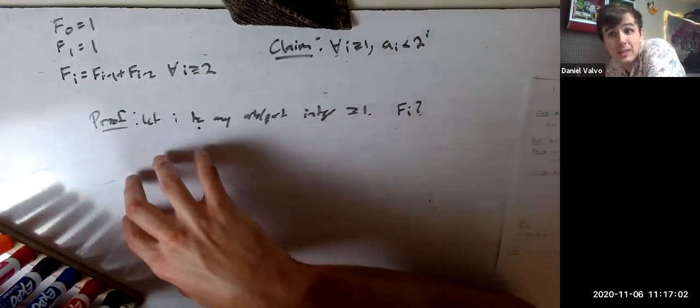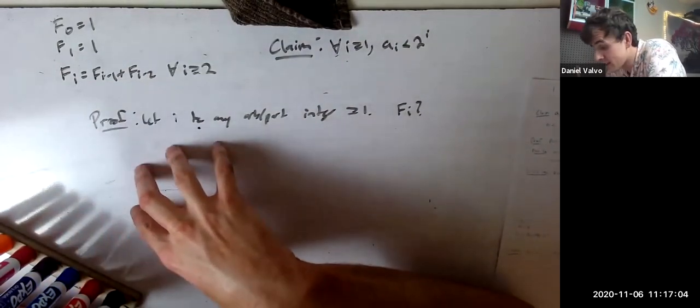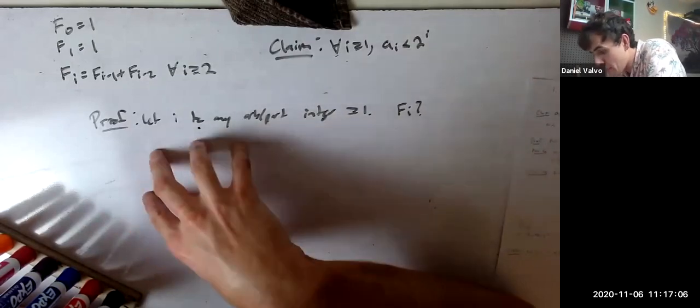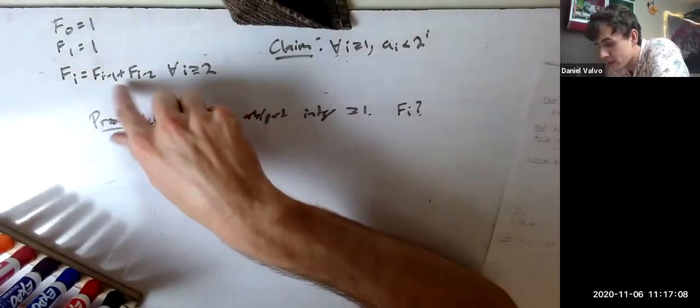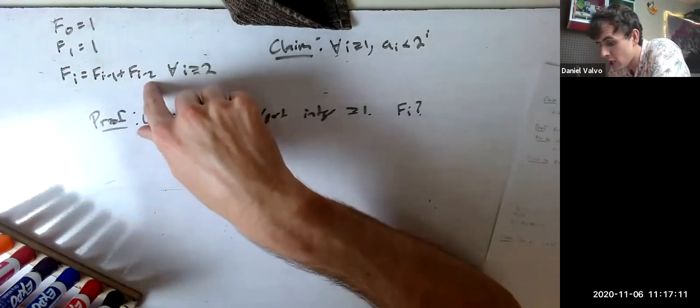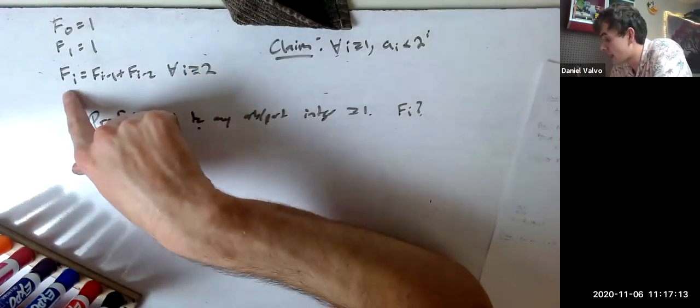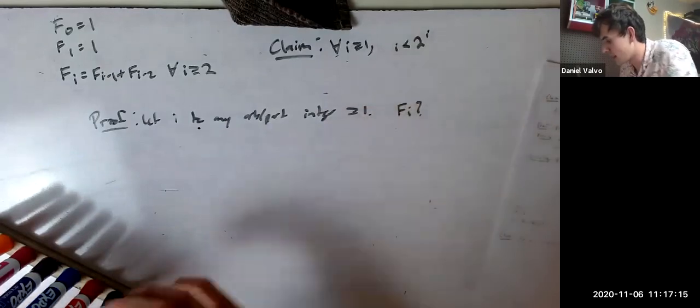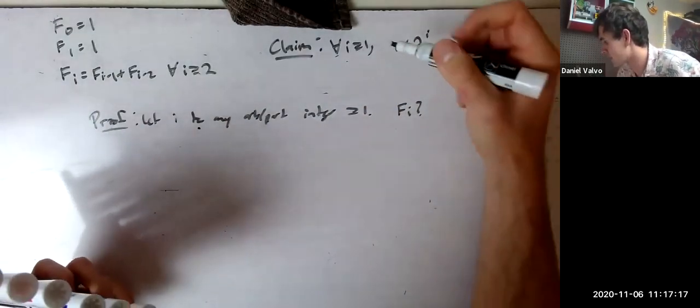But this screams induction, right? Because theoretically, maybe we can use our knowledge of the two previous terms to show that F of i is in fact less than 2 to the i.